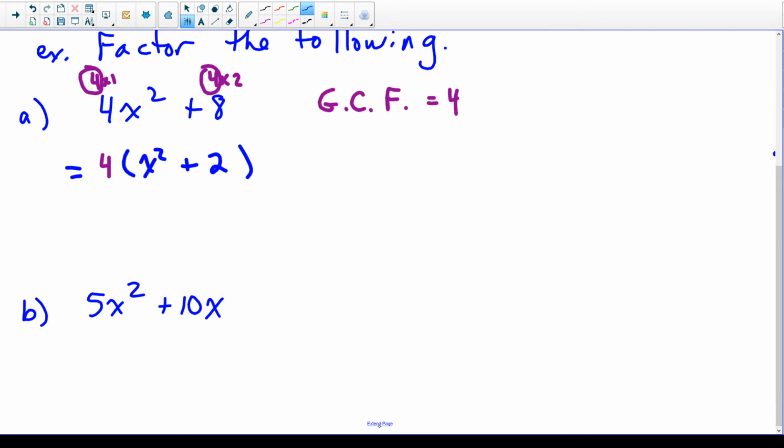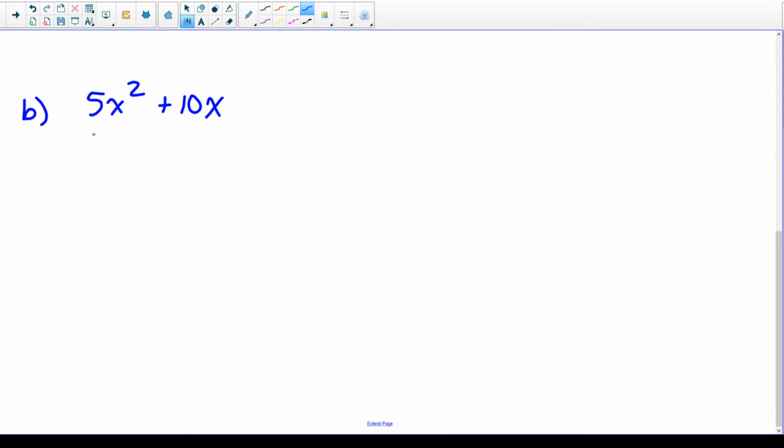Now if we look at this one, 5x squared plus 10x. Can you see that both of these contain a 5? So without writing the factors above anymore, okay, we have 5 times 1, we have 5 times 2. So my greatest common factor is a 5. However, this time I do have letters involved.